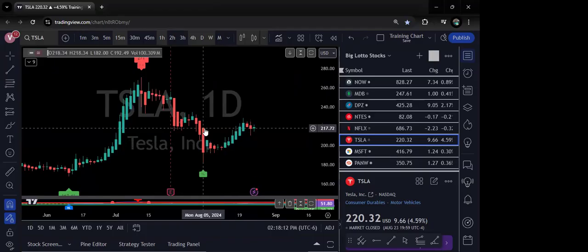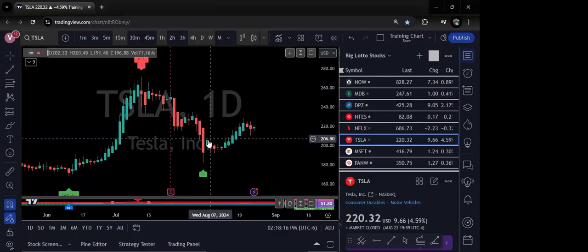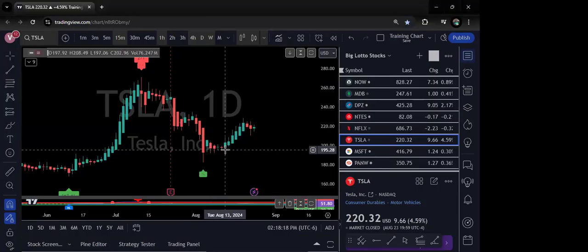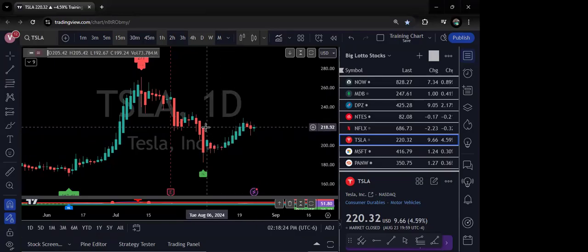So now, like here, Tesla, this is the range candle. It has been trending inside. So you can trade Tesla, the same stock, to go back to break, to have the change of character. So for Tesla, it needed to close above 218.